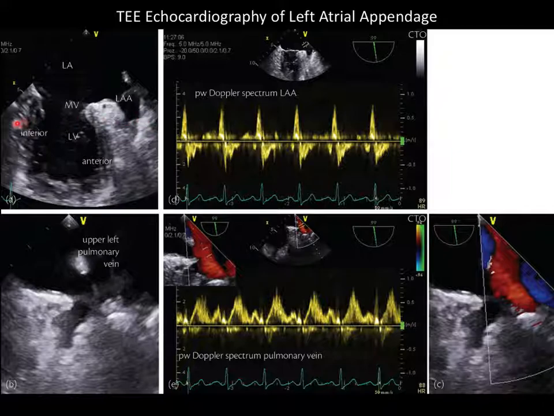And so basically the problem with this appendage is that it can sometimes harbor static blood. If the velocity in and out of it is insufficient to clear the blood out, you can get thrombus formed inside this appendage. And then if the thrombus escapes, it's now in the left side of your circulation.